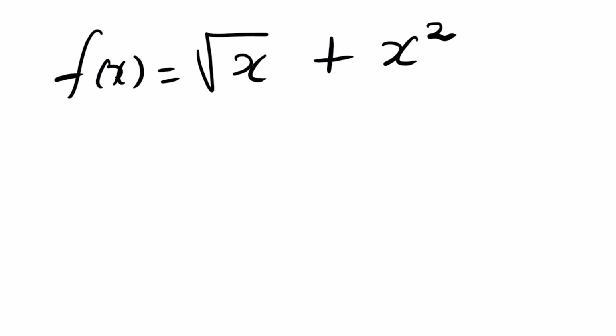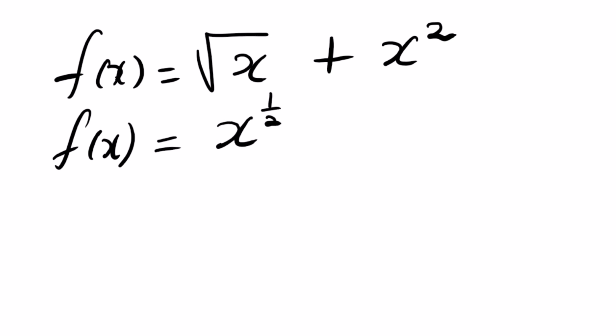Another function we should look at is the one which involves a radical, a square root. Now before we can do this, we need to simplify the square root sign. Now the root sign is the same as 1 over 2. Now check what happens here. Suppose you have this term.